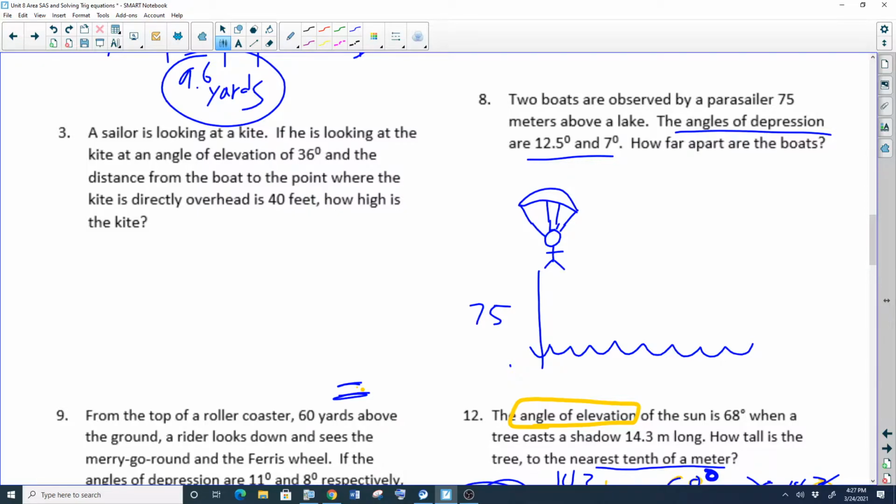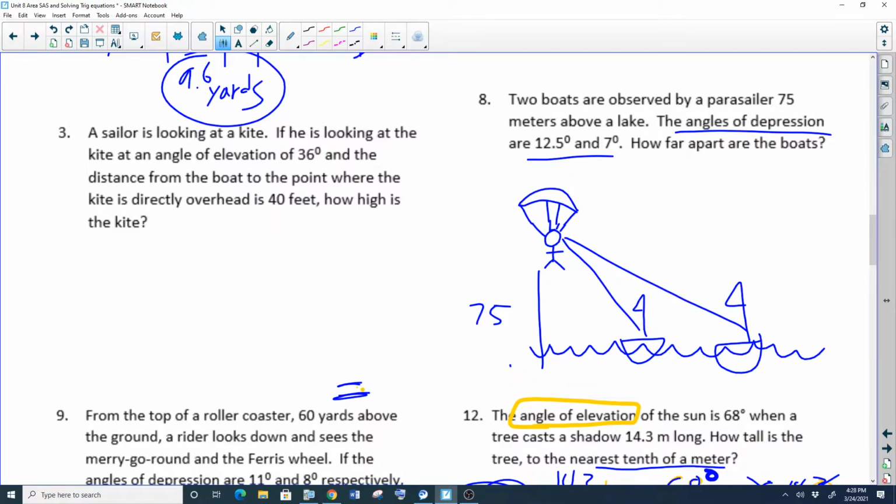So he's looking at 2 boats. So we'll say that we've got a boat right here. And then we've got another boat over here. So there's our 2 boats. So then he's looking down at those 2 boats like this. And they're going to tell us the angles of depression.